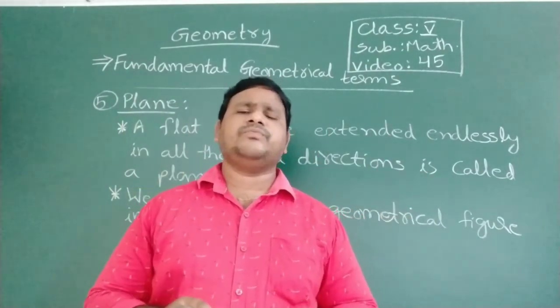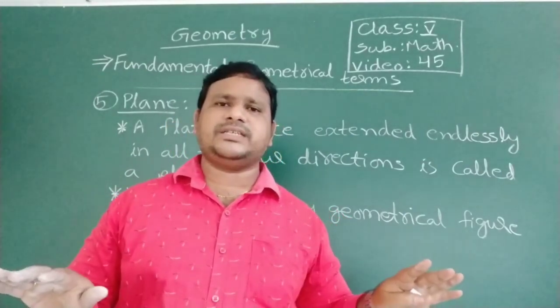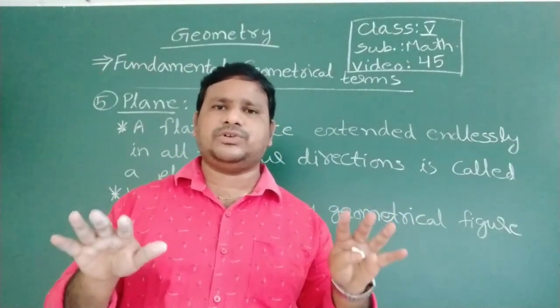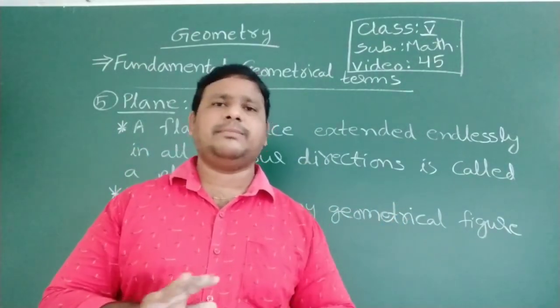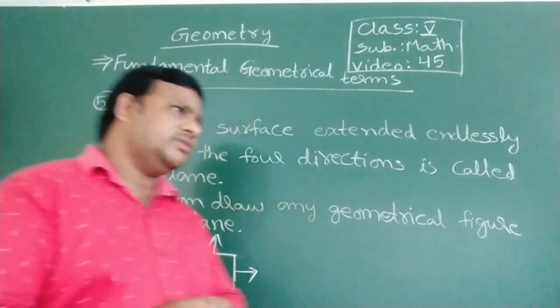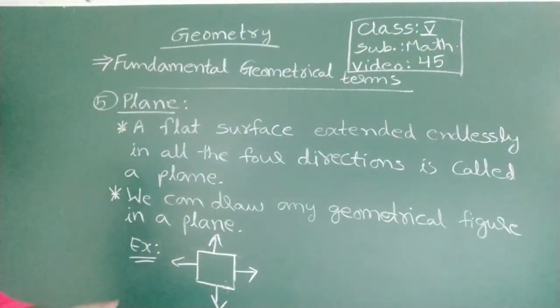Understood? So, simply we can say a flat surface on which it is possible to draw all the geometrical figures is a plane. This is just an idea for the plane. So write this definition and also the diagram for this plane.